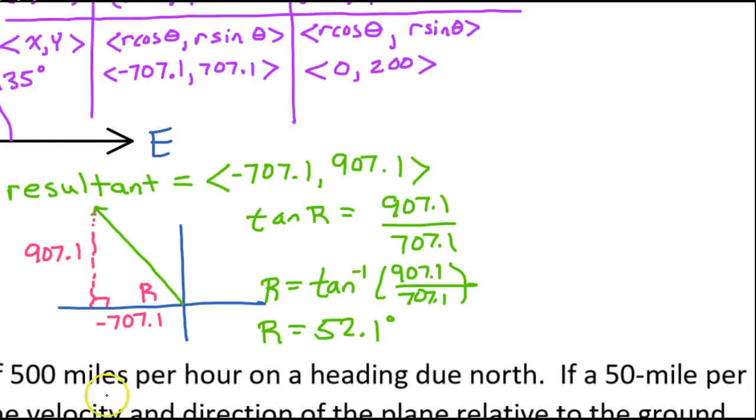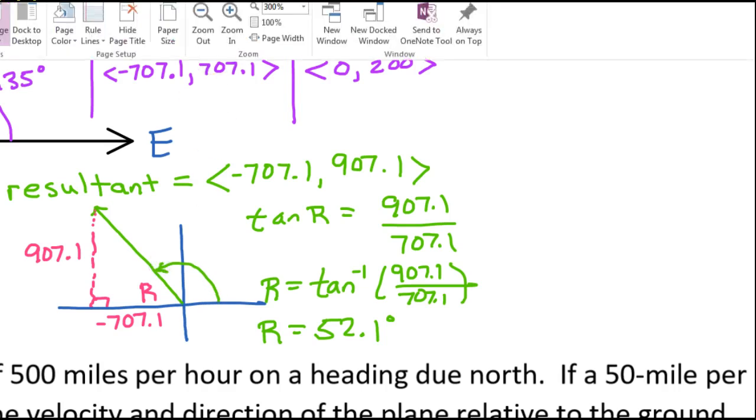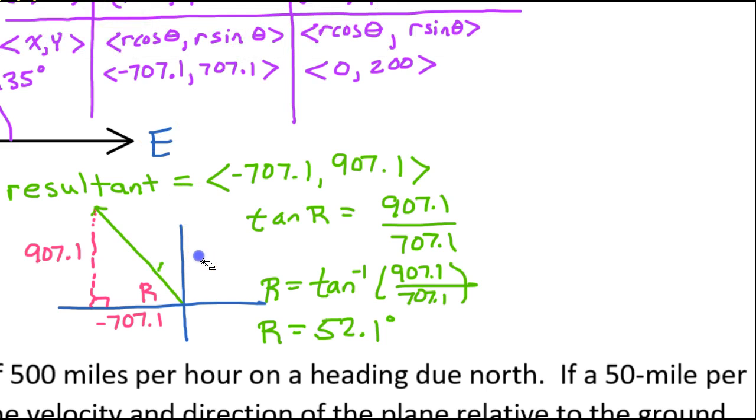Now in the past, we have ignored this angle and just used it to find the measure of the angle all the way from east. And that's what we've been using for the direction. But for this problem, we're not going to do that because they actually are asking us to say 52.1 degrees north of west. That's the type of direction we're supposed to use. So this is actually the angle that we want, so we're good.